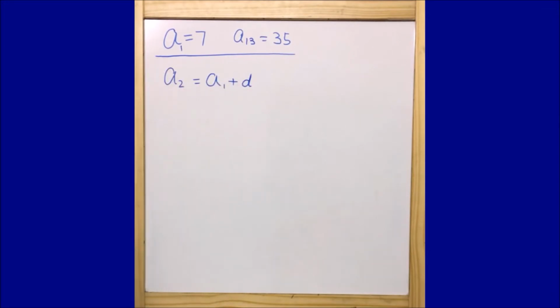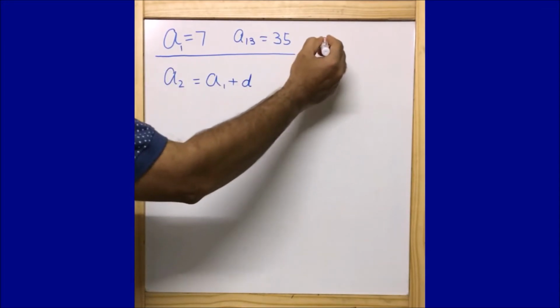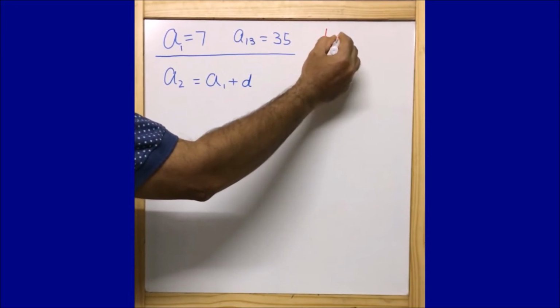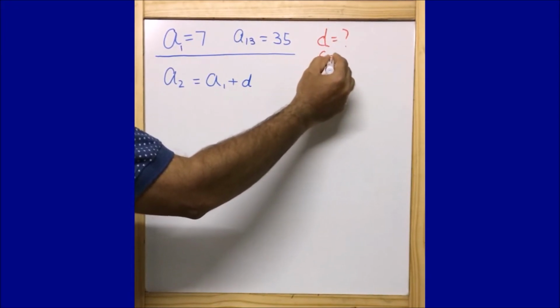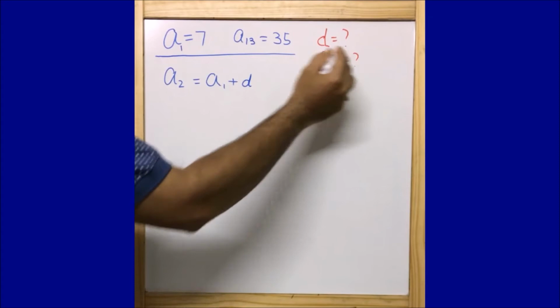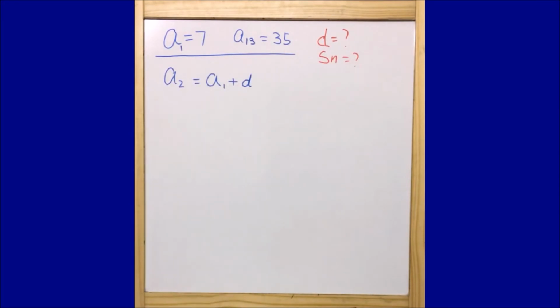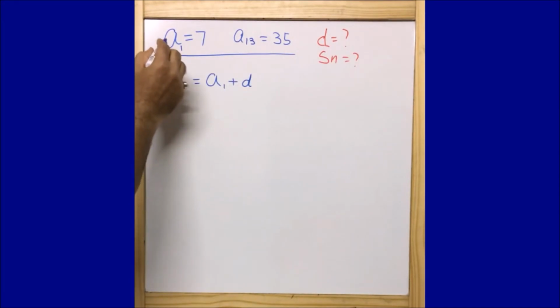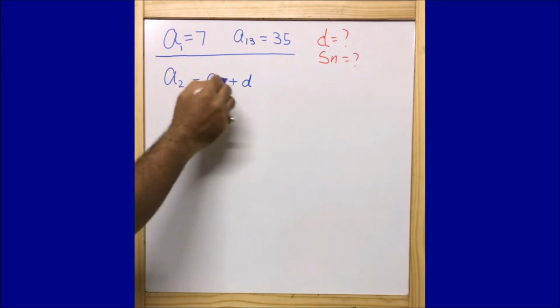Now, as per the question, we are going to find out D and Sn. We very well know that if we add a common difference to A1, we get A2.